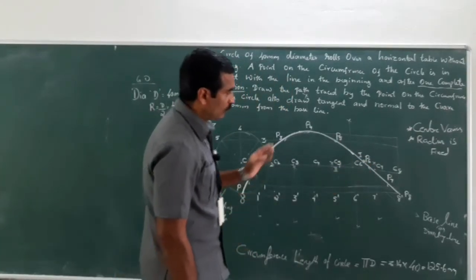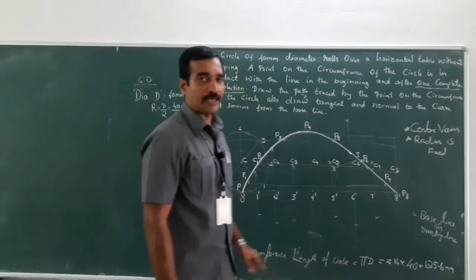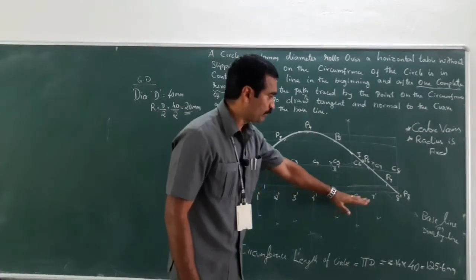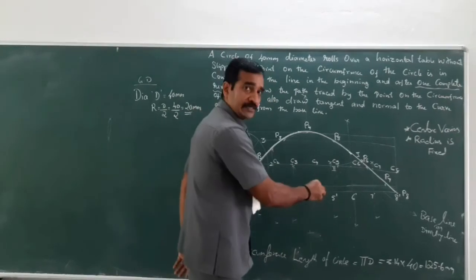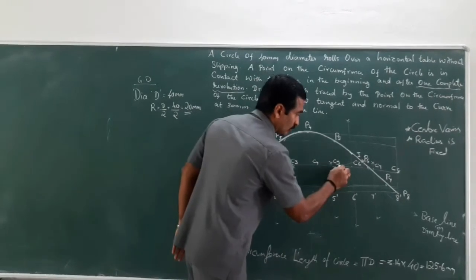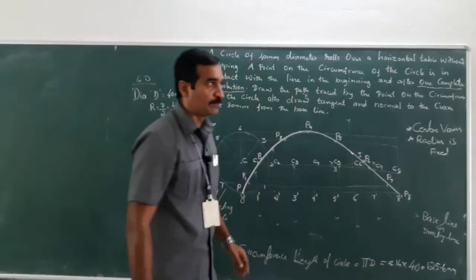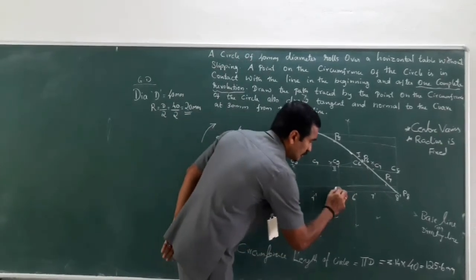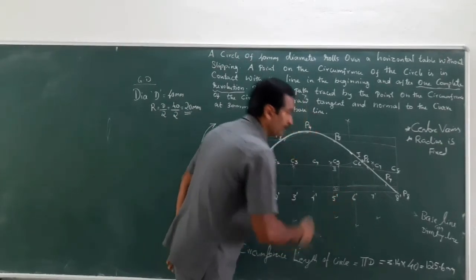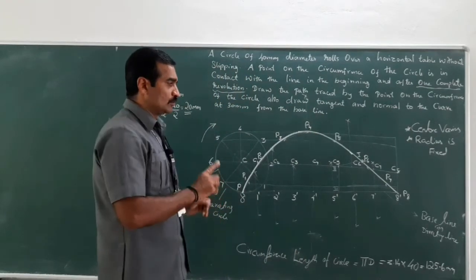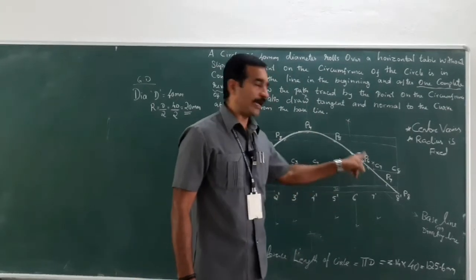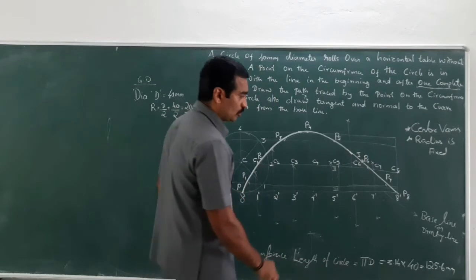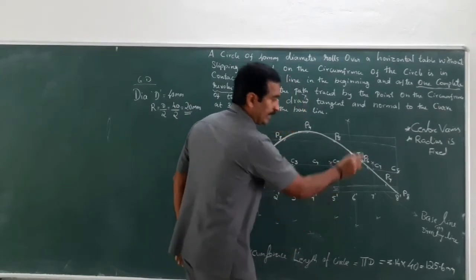Now I am going to draw a vertical line, perpendicular to the baseline, until it intersects the baseline. Now this point is 3. I am going to connect point 3 and 1.